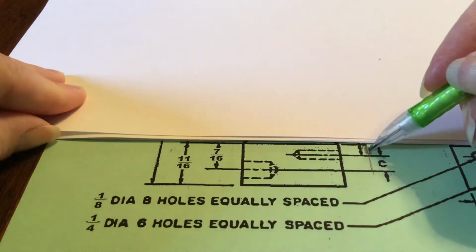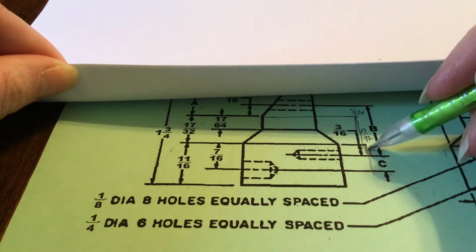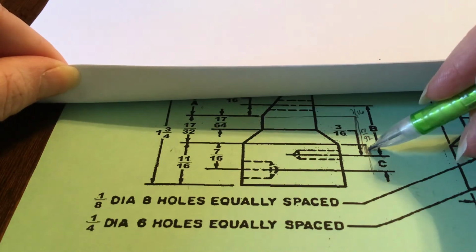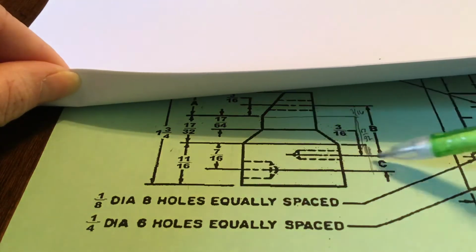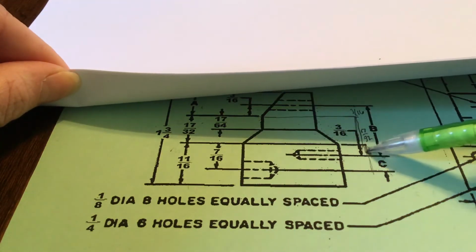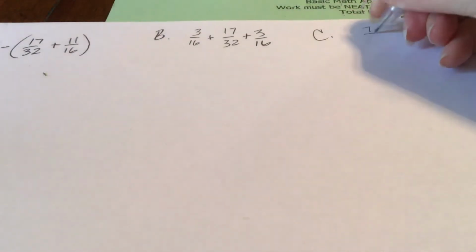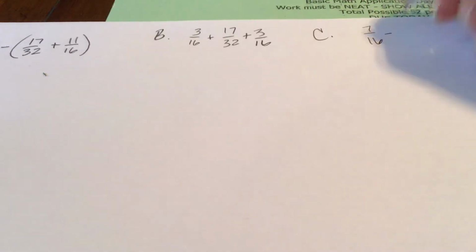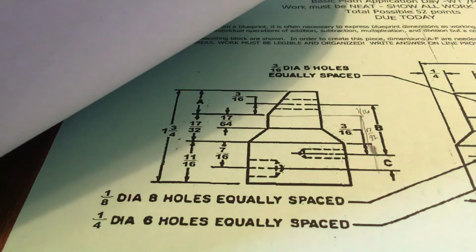But we know this little piece, because it's covered up, that little piece is 3/16. So if we take this 7/16 and subtract off that little hunk, that will give us C. So for C, all you're going to do is take 7/16 minus 3/16, and that's going to give you the value of how large C is.